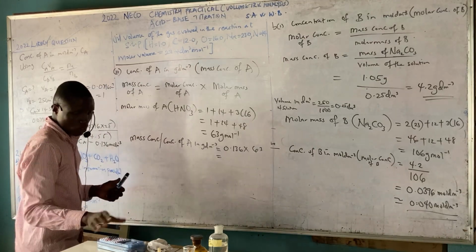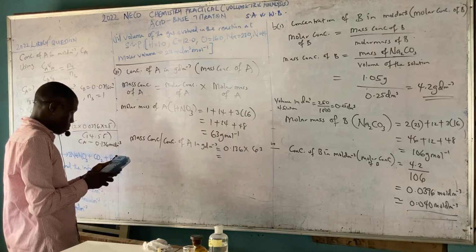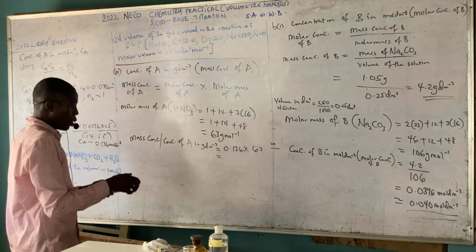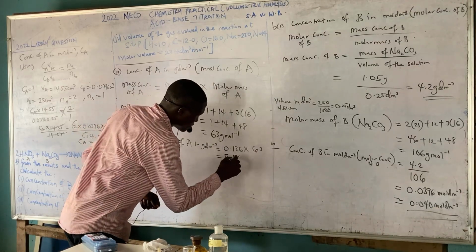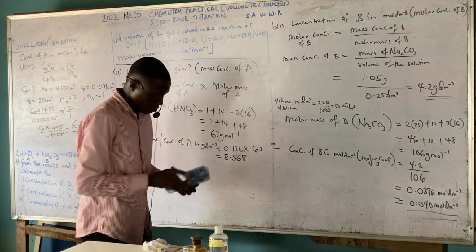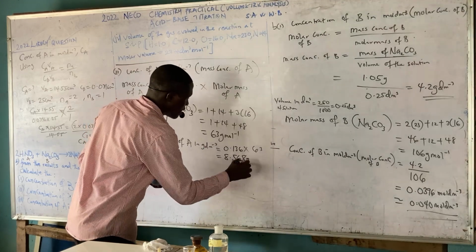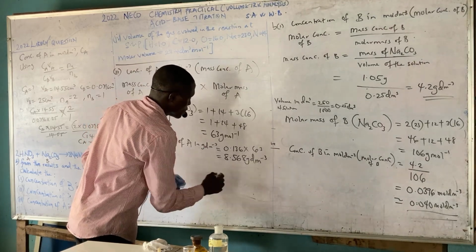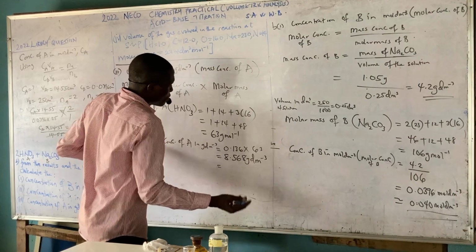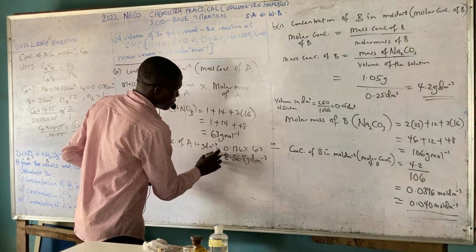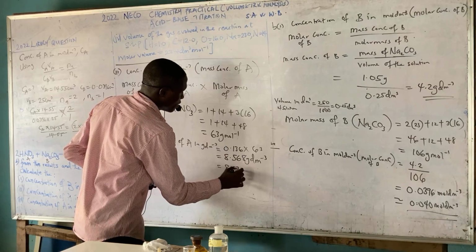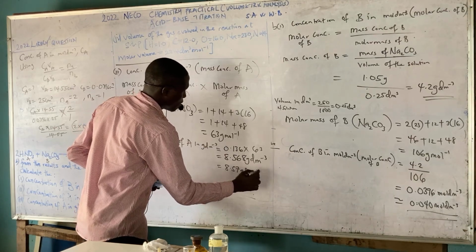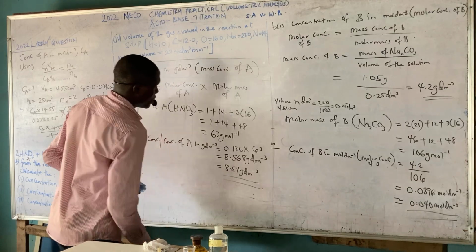So 63 multiplied by 0.136, we have 8.568 gram per dm cube. So that's the unit. To 3 significant figures, we have 8.57 gram per dm cube. So that's that.